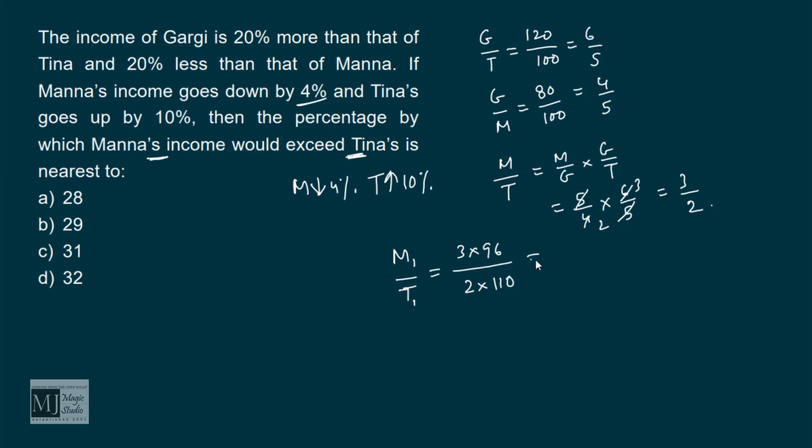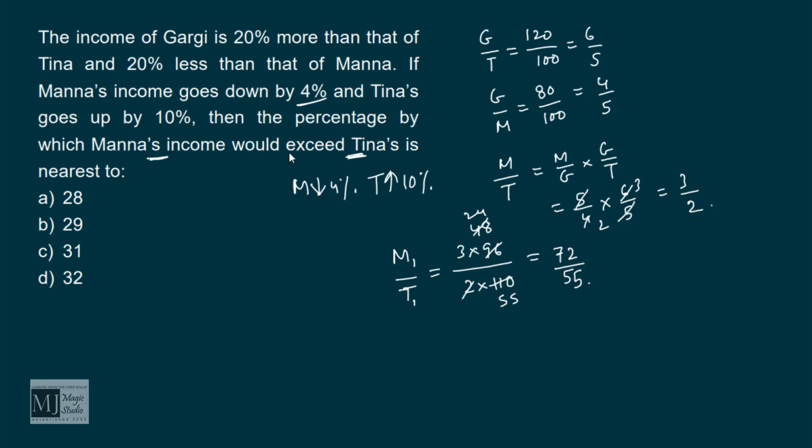This will give us the new income ratio of Manna and Tina. So can we cancel this out? This is 48, then 24 is 55. 24 into 3 is 72 by 55.